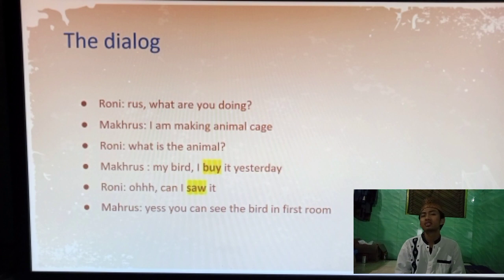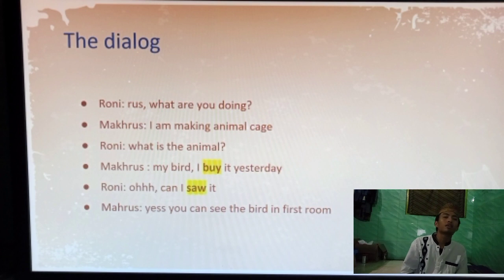In this dialogue, there are some mistakes or errors. It is by Marus: my bird, I buy it yesterday. Marus has to use the verb two, because the action finished yesterday.